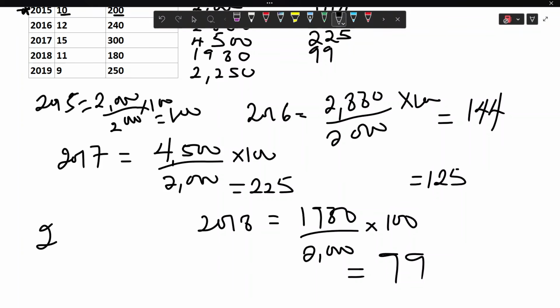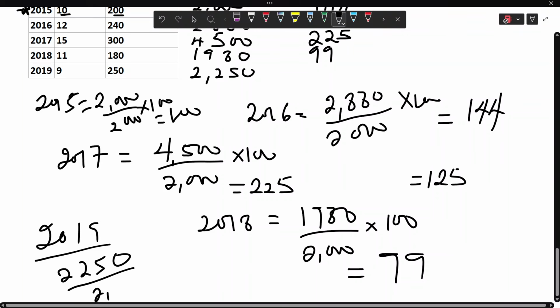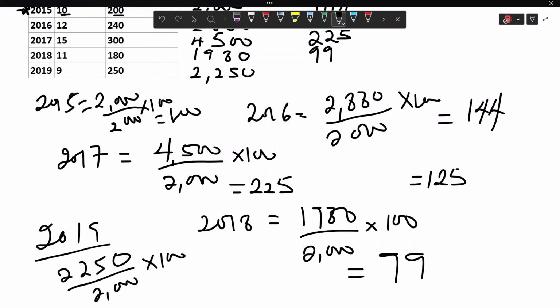Then for 2019 we have a value of 2250 divided by 2000 times 100, which is 112.5.